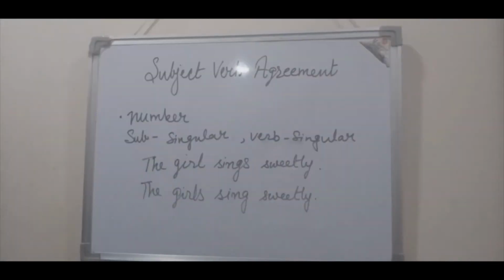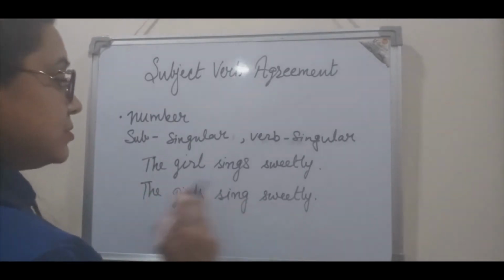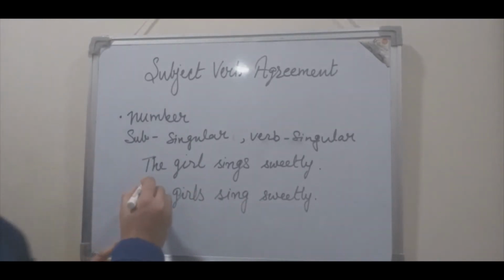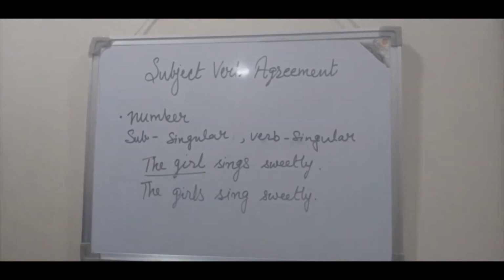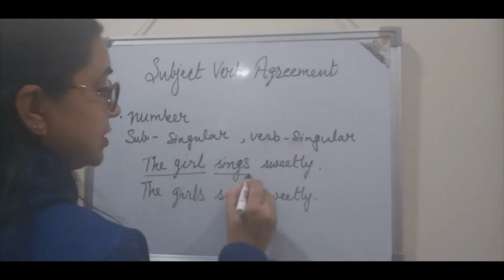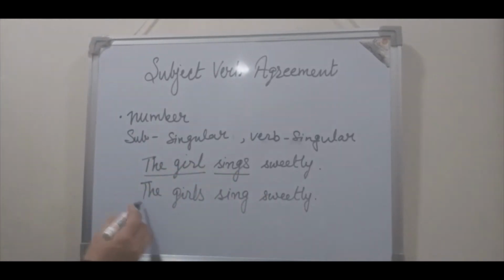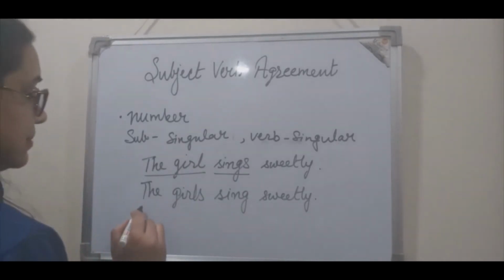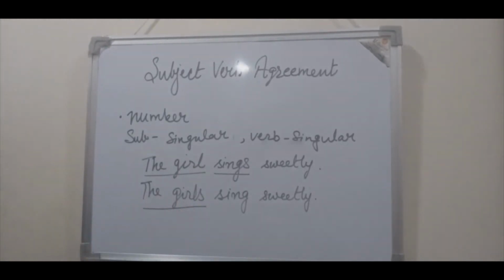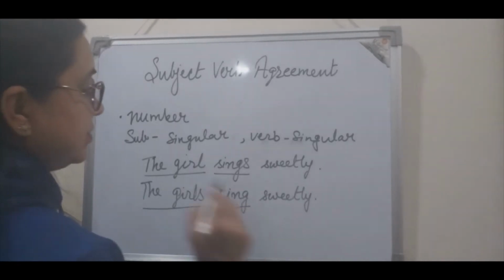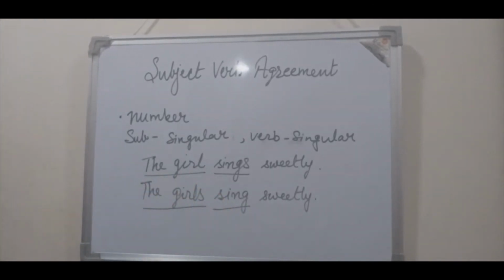See this example: the girl sings sweetly, and in the next sentence, the girls sing sweetly. So here, since the subject is in singular number, the verb is also in singular number. And in the second sentence, the subject is plural number and therefore the verb is also in plural number.